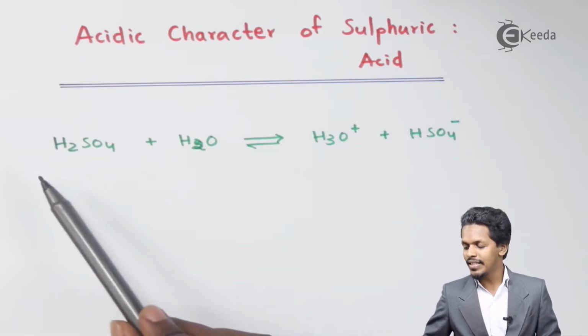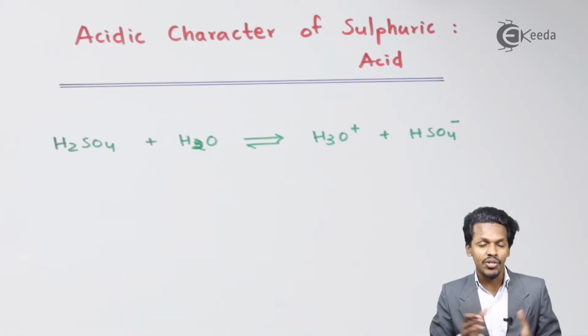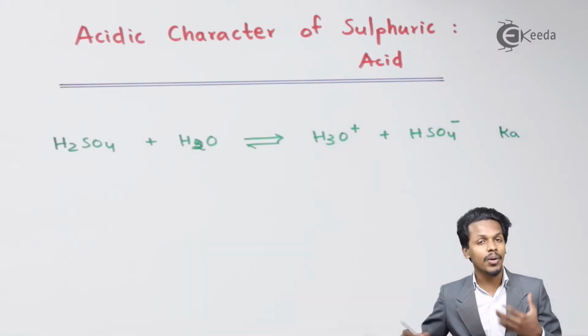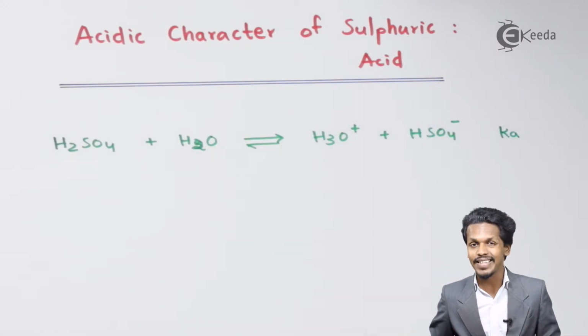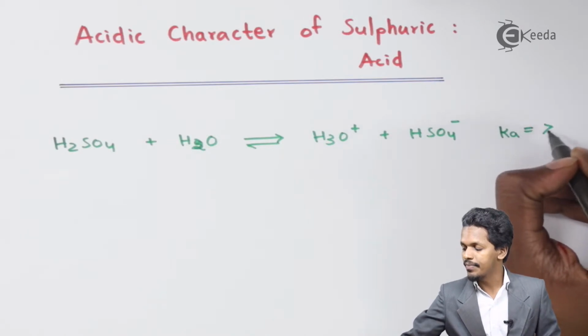This is how it ionizes, and it ionizes very strongly and in a very large amount, and that's the reason the dissociation constant, Ka, has been found to be more than 10.